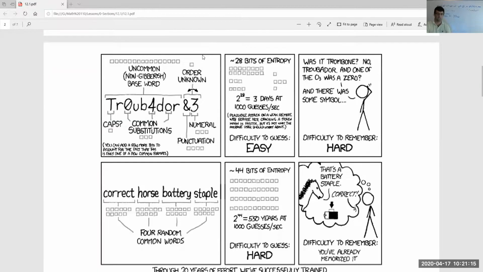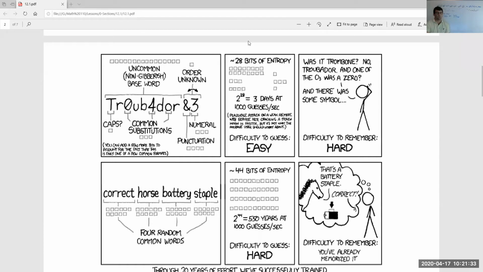So in this comic, they break down how secure a password is.